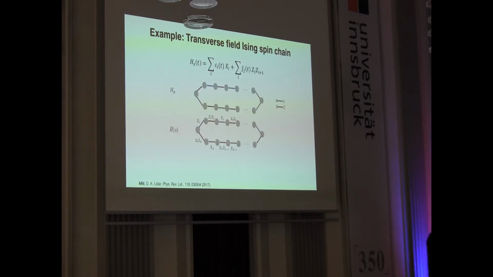But we can be smart and come up with more complicated codes. For example, one example is this one. It's just a chain of ZZ interactions, and I put some local X on this chain. So this is the Hamiltonian that I want to both implement and protect against one local errors. Rather than do that, I come up with this ring rather than chain, and I put these XX and ZZ interactions alternately.